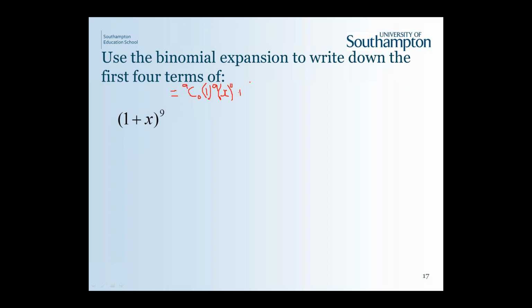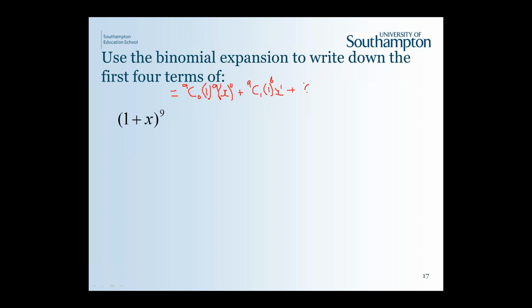Then the next one will be 9 choose 1, 1 to the power of 8, x to the power of 1. So this x power is always the same as this r.